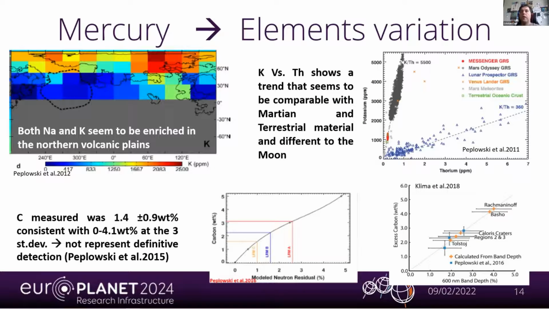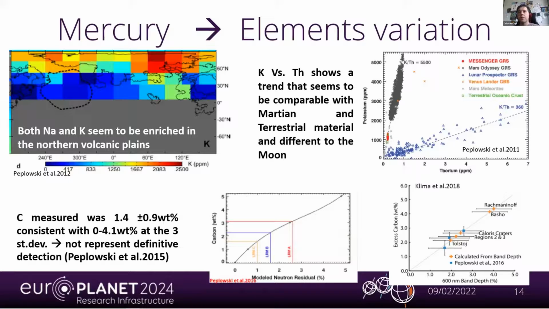Finally, the other important information that we have retrieved was that there is a volatile element, and even the abundance of sodium and potassium seen in the north are higher with respect to what was expected on the Mercury surface, still pushing in the fact that Mercury is slightly enriched in, we can say, volatile elements, or elements that can be mobilized.